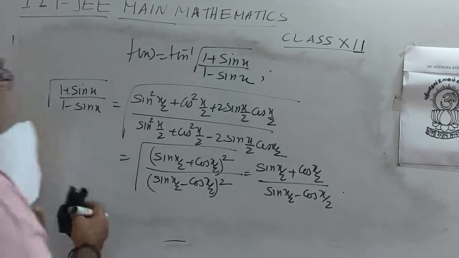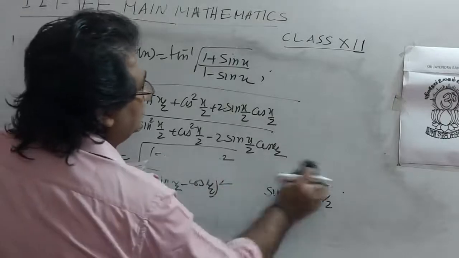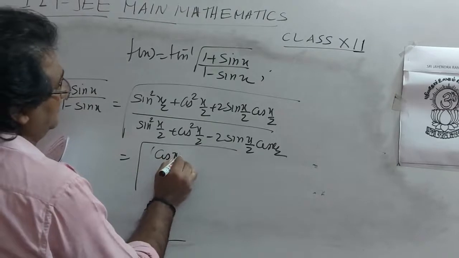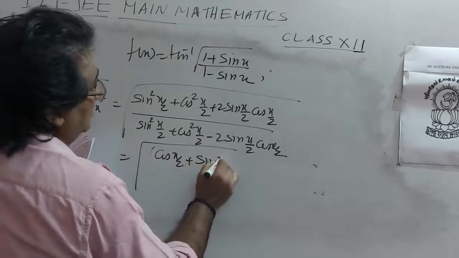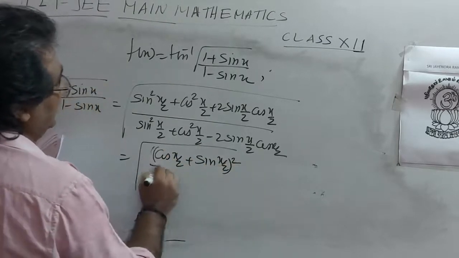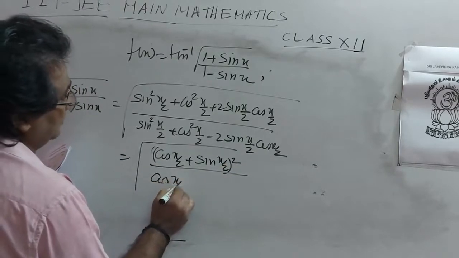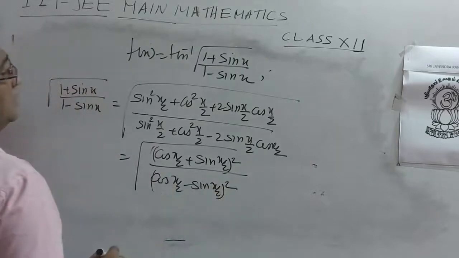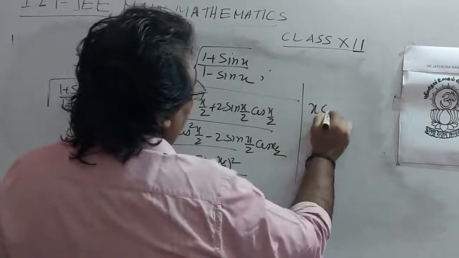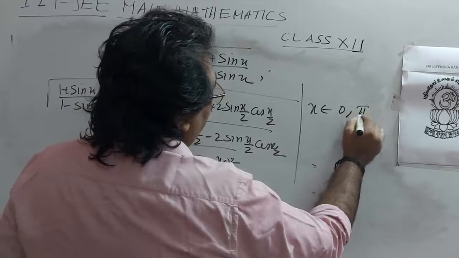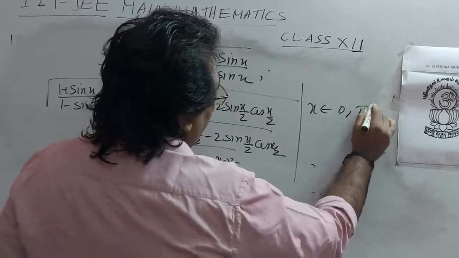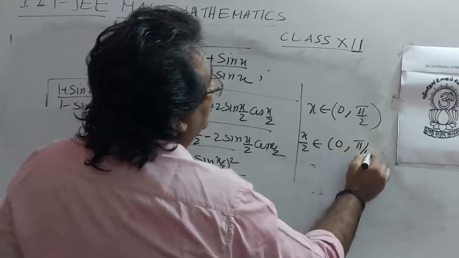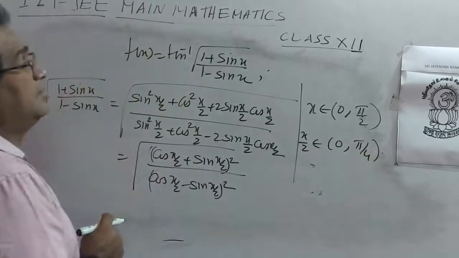Since x belongs to 0 comma pi by 2, x by 2 belongs to 0 comma pi by 4.